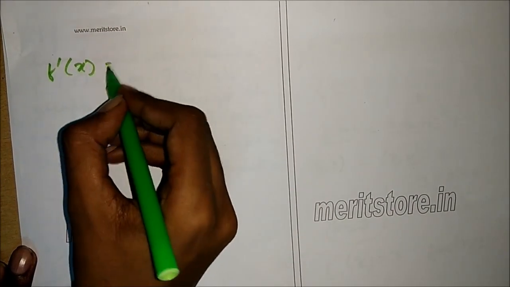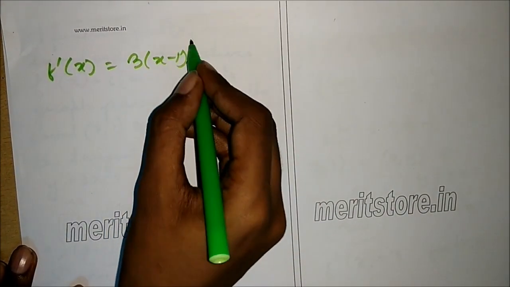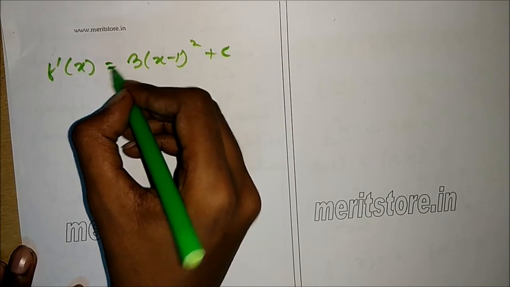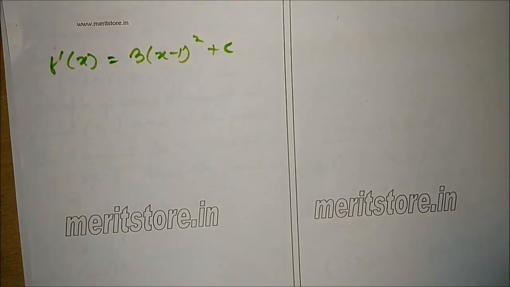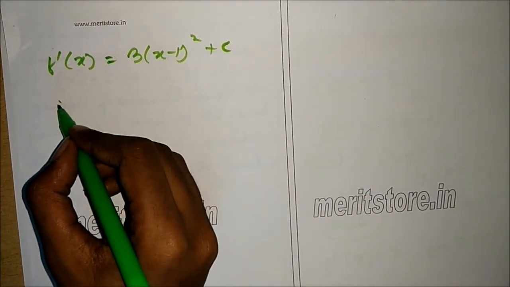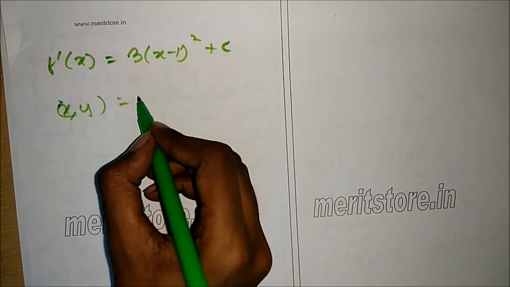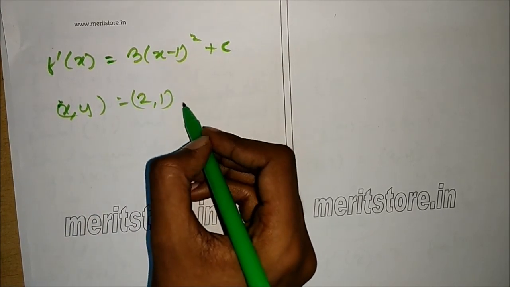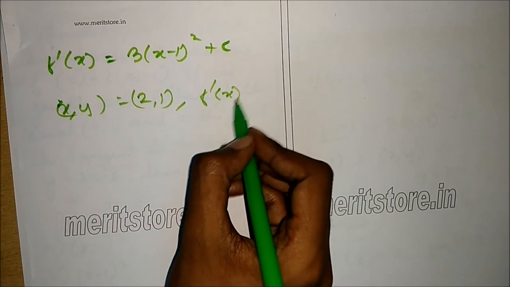In the previous step we got f dash of x equals 3 into (x minus 1) the whole square plus c as the equation of slope, and for the point 2 comma 1 the slope was 3.